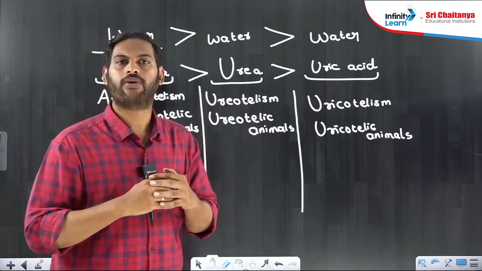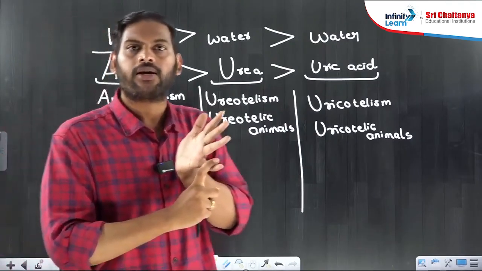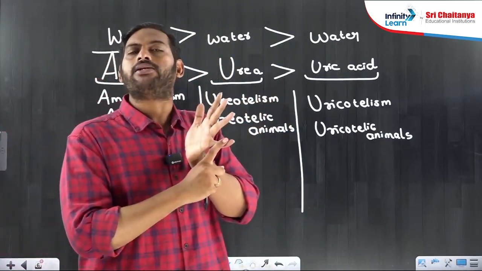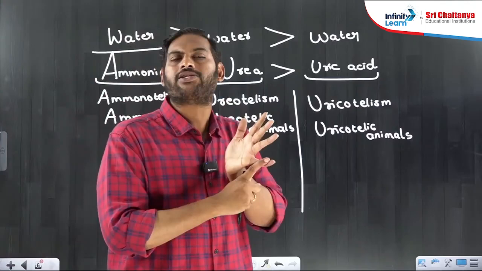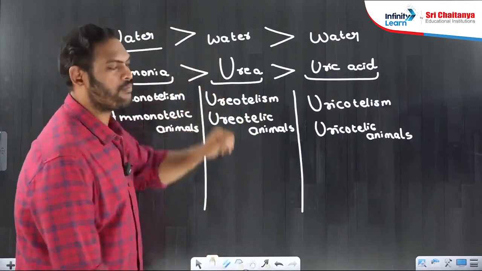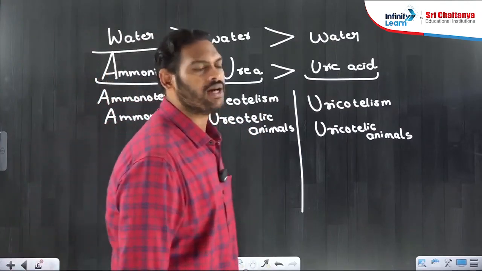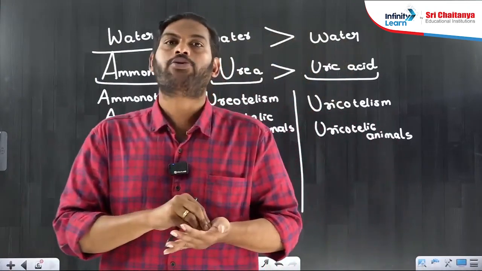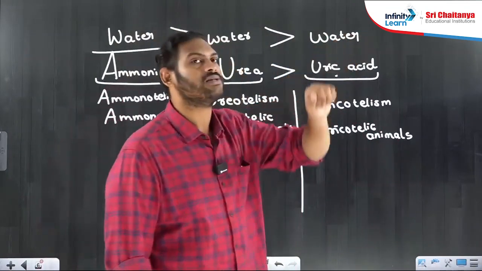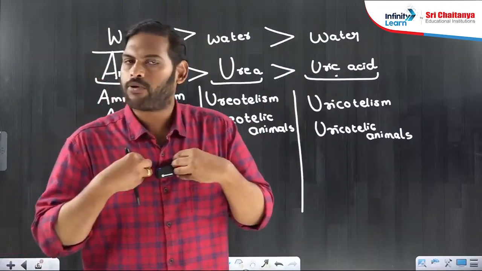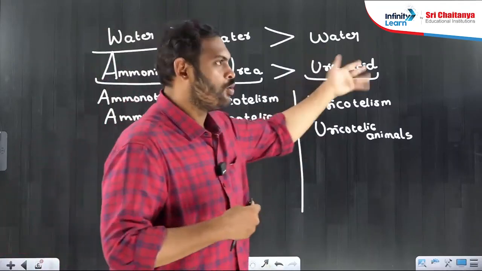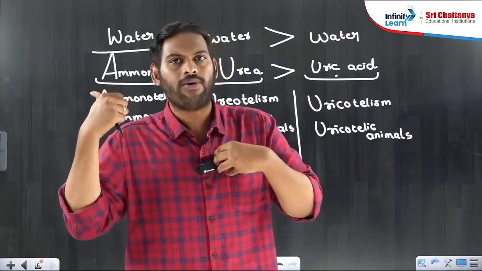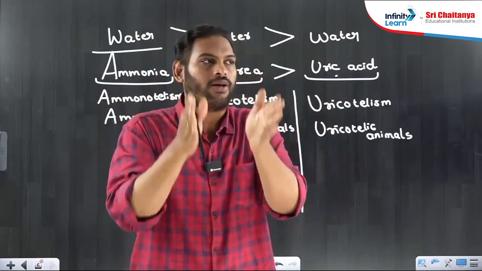Now, question for you: which excretory product needs the highest amount of water to excrete? Ammonia. Which chemical requires minimum water to excrete? Uric acid. We are neither ammonotelic nor uricotelic. We are ureotelic. We are not maximum, not minimum. We are moderate.